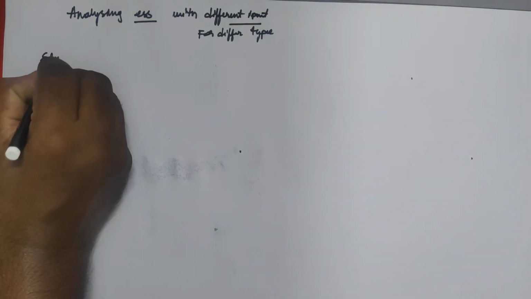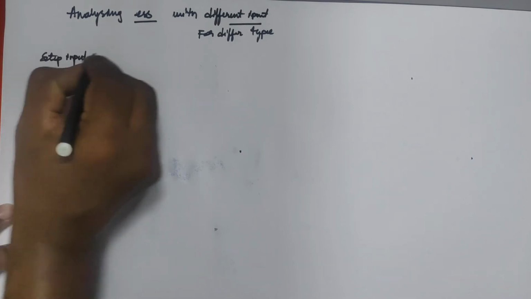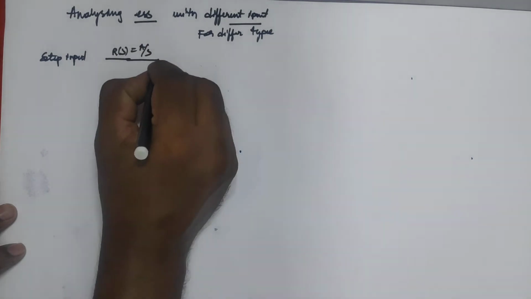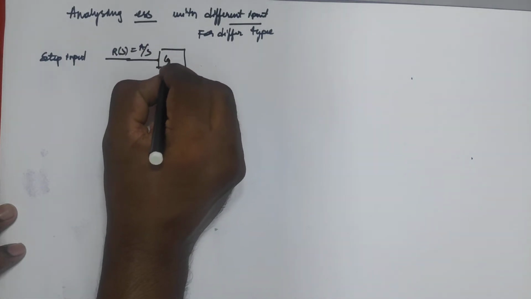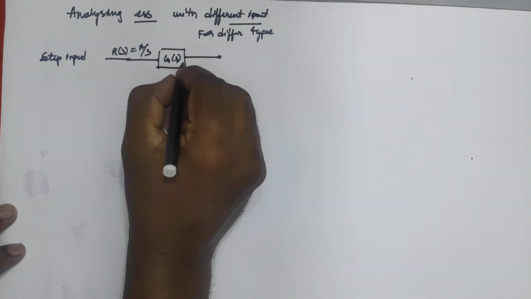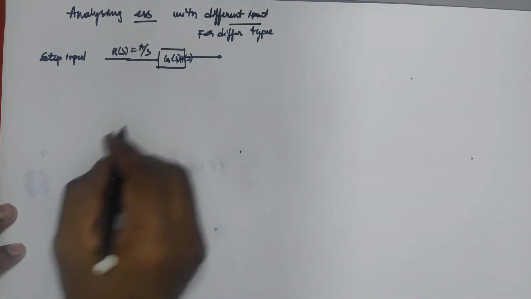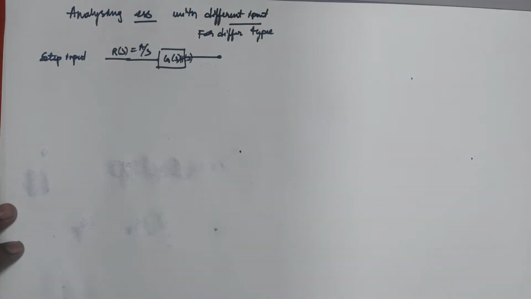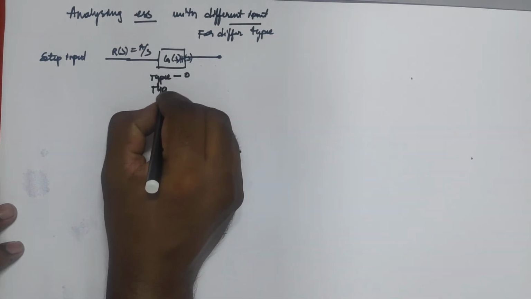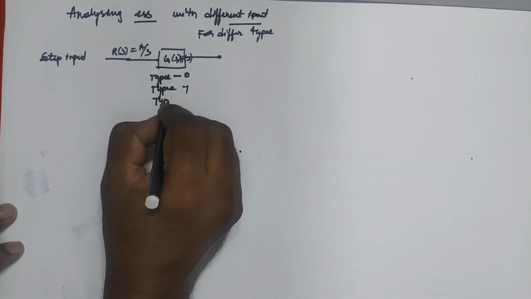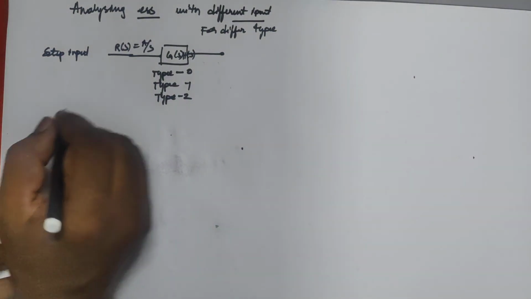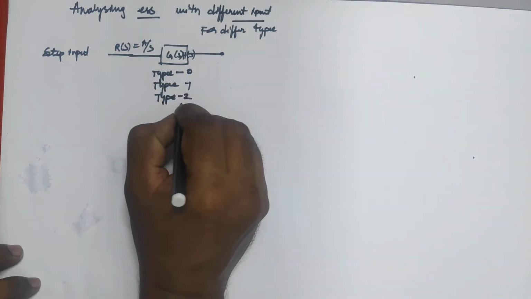For step input, my input R(s) is a by s, and this is the open loop system G(s)H(s), and the types I'm going to describe are type 0, type 1 and type 2. So with step input I am analyzing type 0, type 1 and type 2.